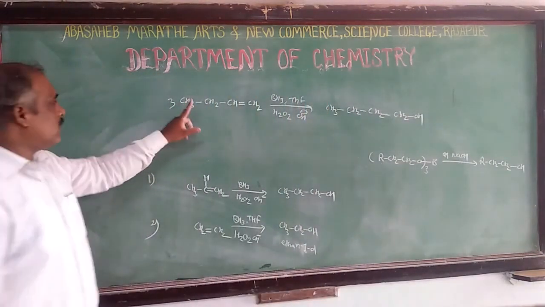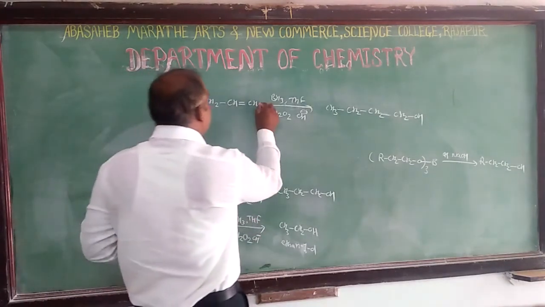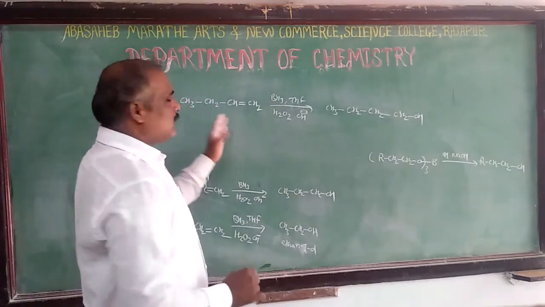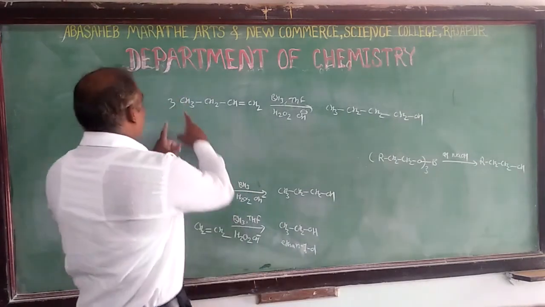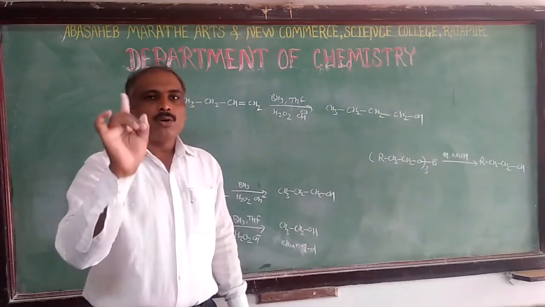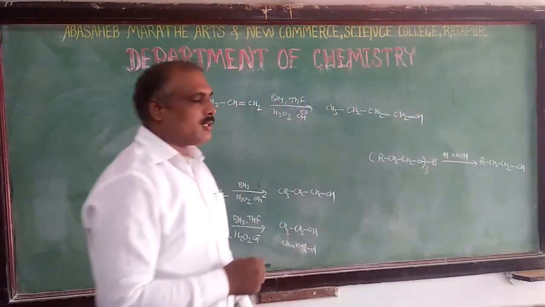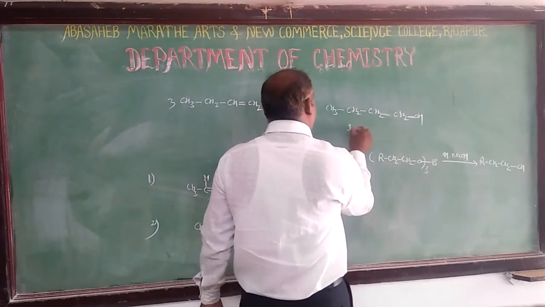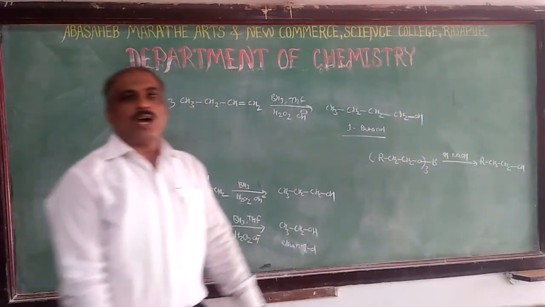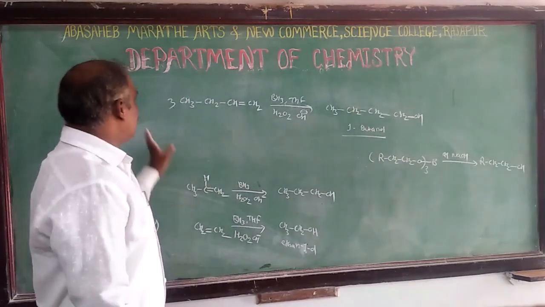How many carbons are there? 1, 2, 3 and 4 carbons are there, and only one OH is attached here. Product is very simple. Four carbons are there, and only one OH group is attached here. This is a primary carbon and the name of this alcohol is 1-butanol or butan-1-ol.